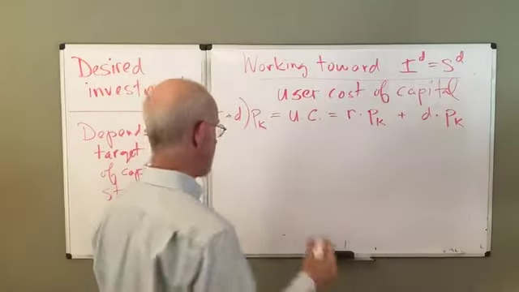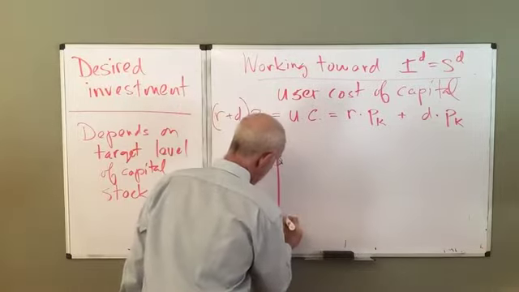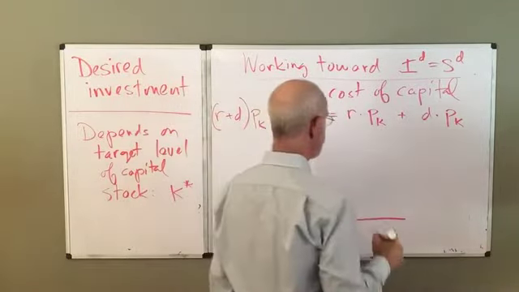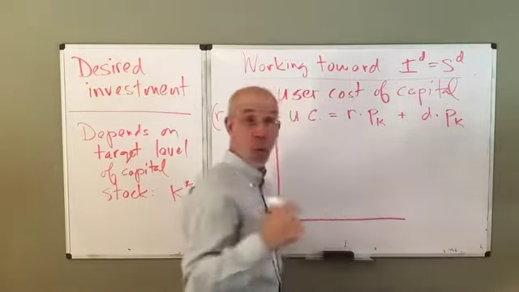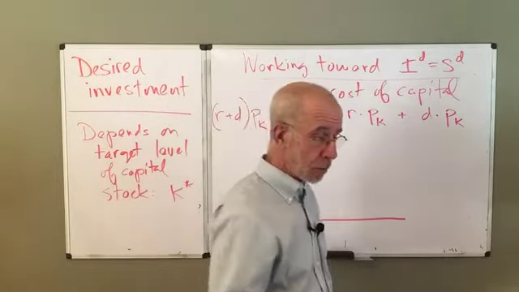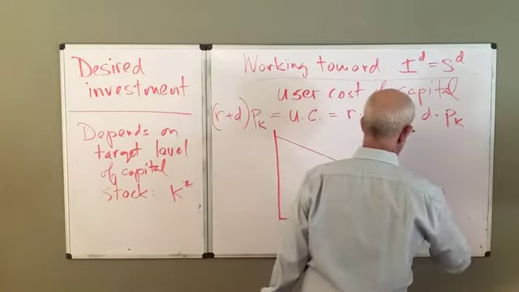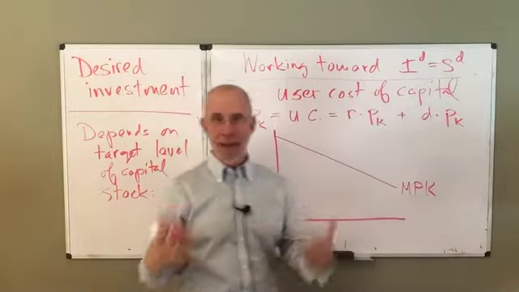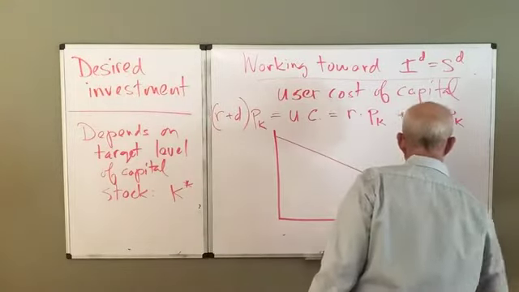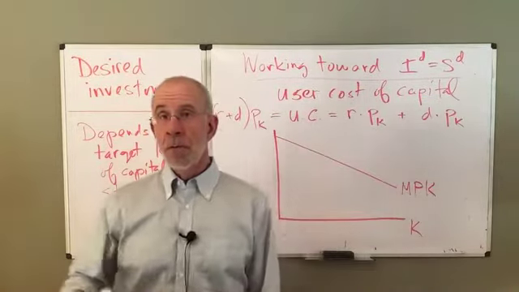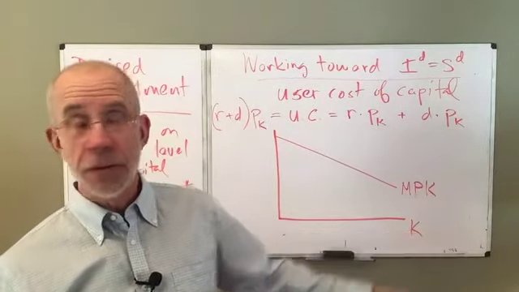Now, one thing that you have seen before is a relationship between the benefits of capital and the quantity of capital. This is our old familiar marginal productivity of capital graph. Okay, so in this instance, we've got declining marginal productivity of capital as you increase the amount of capital that's used.